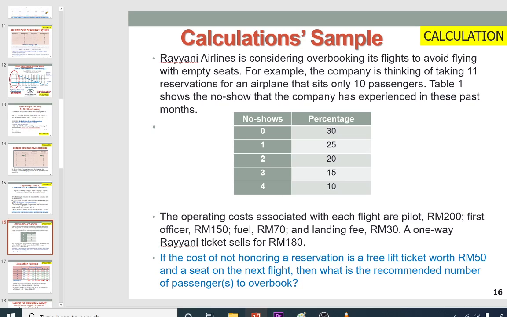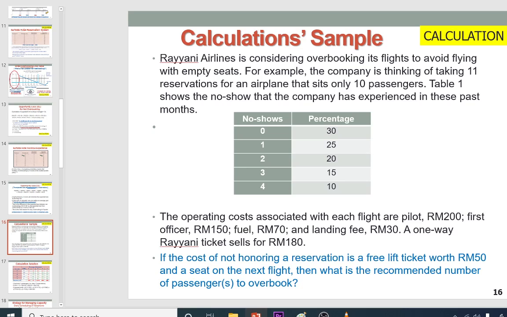The operating costs of Ryanair consist of pilot, which costs them ringgit Malaysia 200, first officer 150, fuel 70 ringgit, and landing fee 30 ringgit. This is a total of 450 costs for the flight. A one-way ticket for any air costs RM 180, which is the ticket cost for one seat.